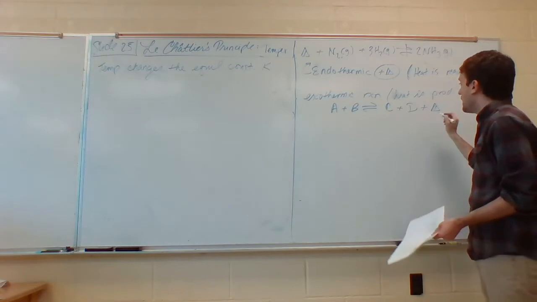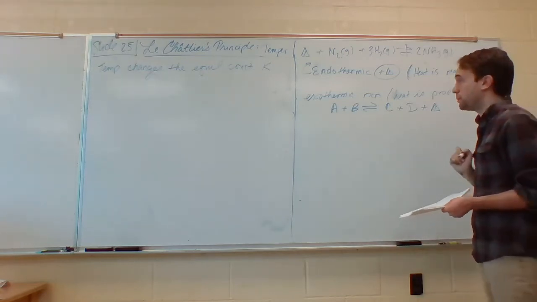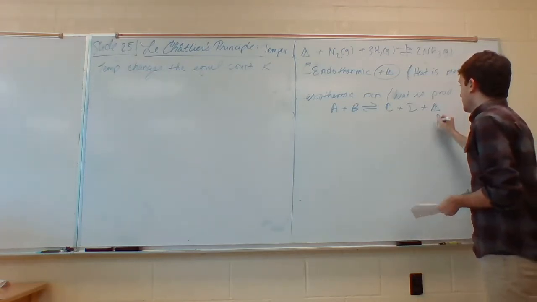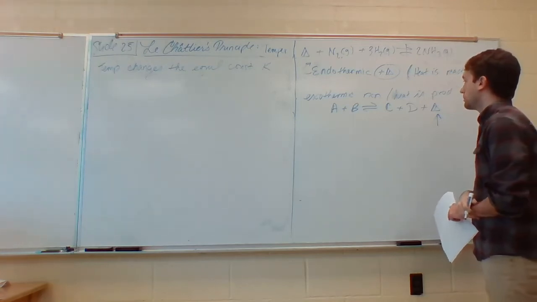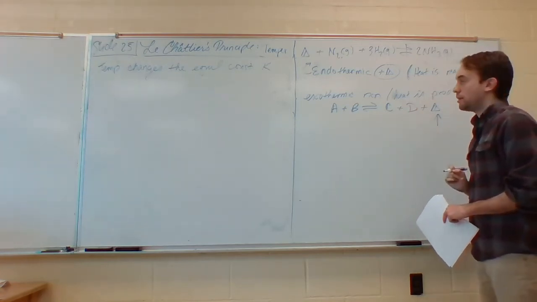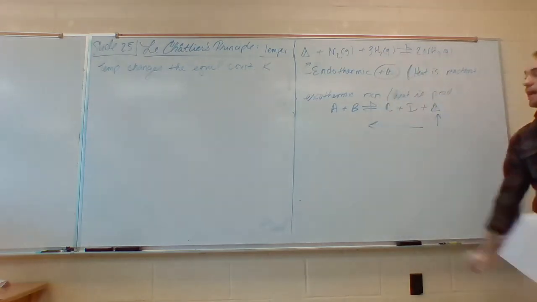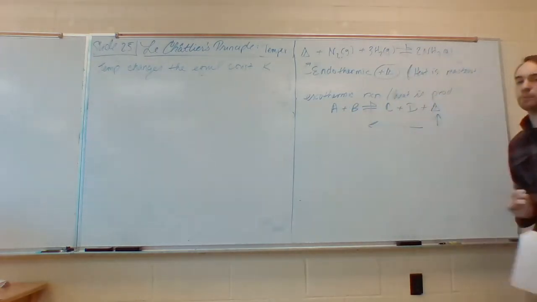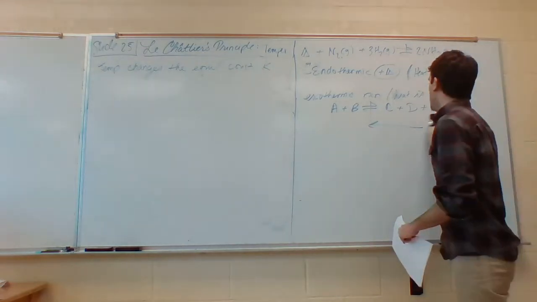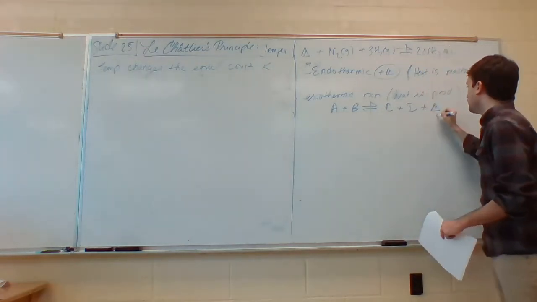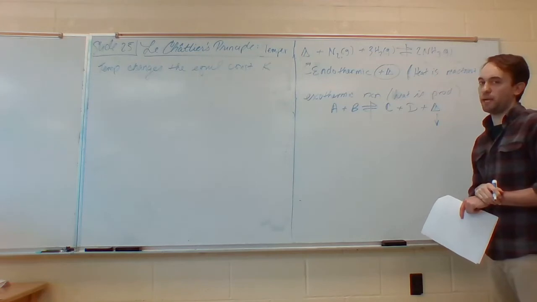Okay, now if I add heat to an exothermic reaction, which team is stronger? The right-hand side, right? So that means that our equilibrium will shift to the left and we will produce more A and B. All right, now what happens if I remove heat from an exothermic reaction?